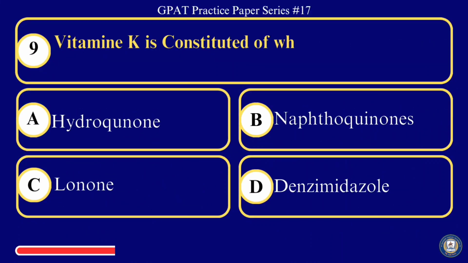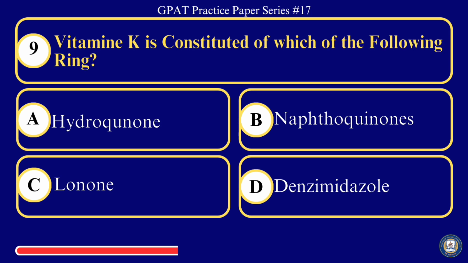Question number 9. Vitamin K is constituted of which of the following ring? Your options are A. hydroquinone, B. naphthoquinones, C. quinones, D. benzimidazole.